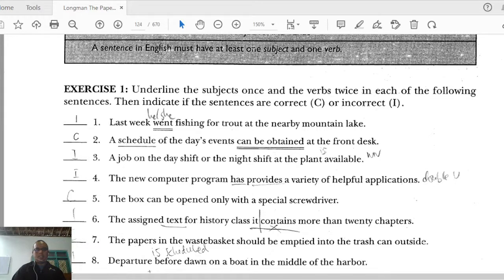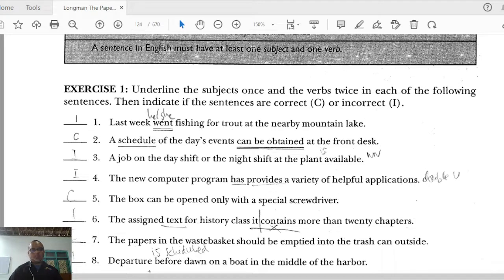Okay, next one. We have a schedule of the day's event can be obtained at the front desk. Ya, jadi underline the subject once. Jadi subjeknya itu adalah schedule. And then of the day events can be obtained. Nah, ini adalah verb ya. Verbnya can be obtained.